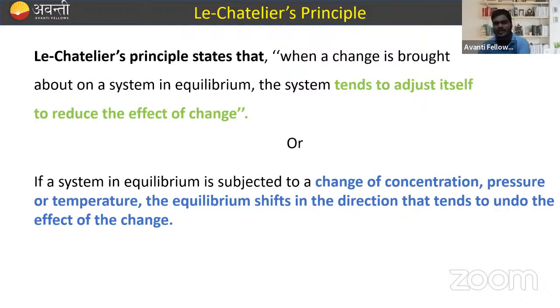Otherwise, at the point of equilibrium, the reaction becomes stuck, or we say it does not bring more product. So the Le Chatelier principle basically comes to disturb the equilibrium and states that whenever a change is brought about on a system in equilibrium, the system tends to adjust itself to reduce the effect of the change.